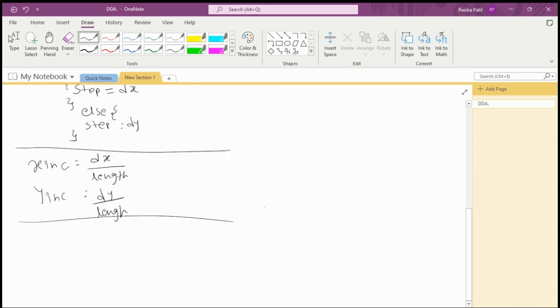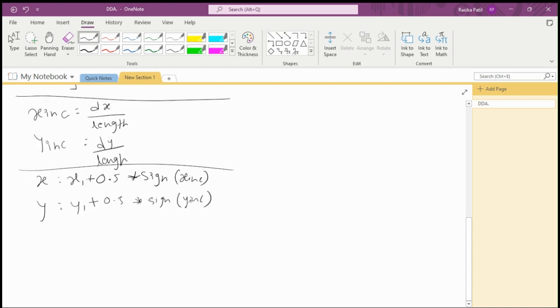Then what we will do next? The next step is we have to calculate the starting points for x and y. So x equals x1 plus 0.5 times sign of delta x, and y equals y1 plus 0.5 times sign of delta y. Then the next step is the main incremental value.